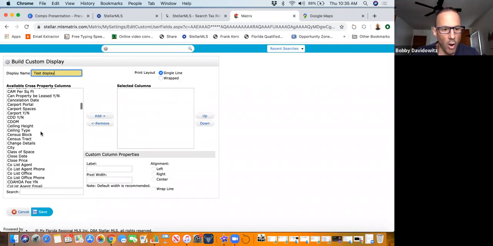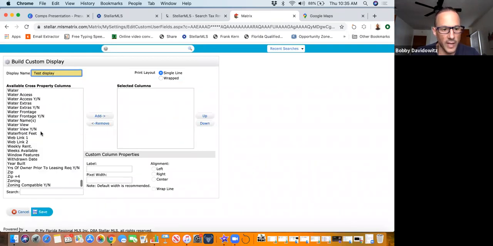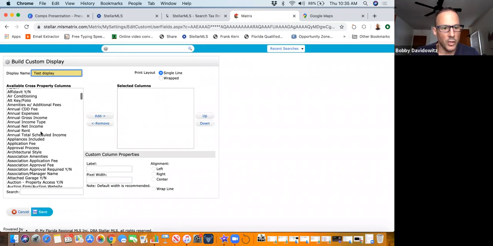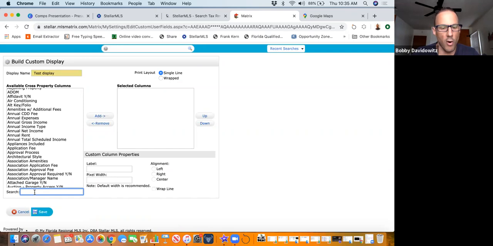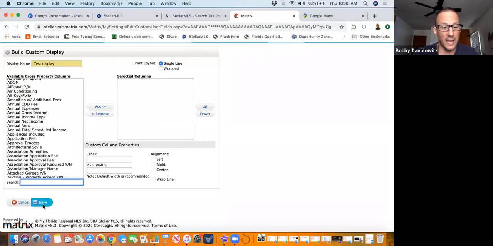These are all the things you can search for, like days on market, things like that. Then all you do is press the add button and add them over to this side, to the columns you want to see, and you can put them in the order that you want to see them. And then you simply save that display, and now it becomes your display.